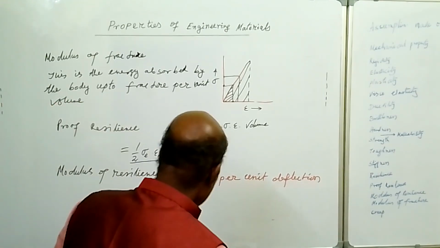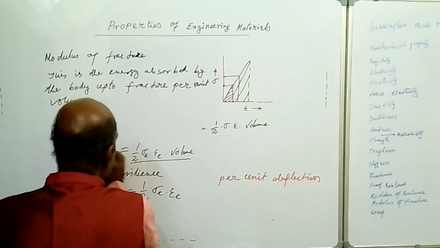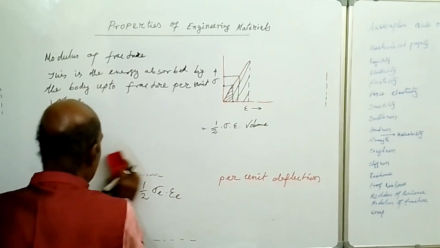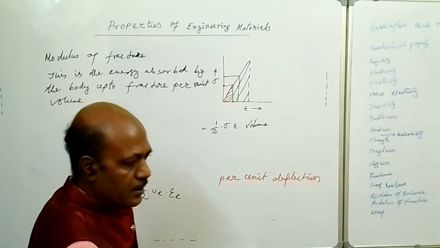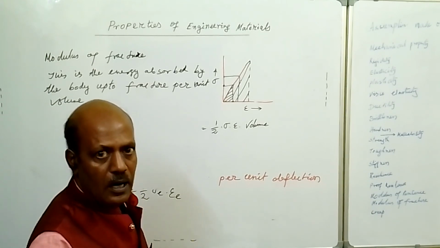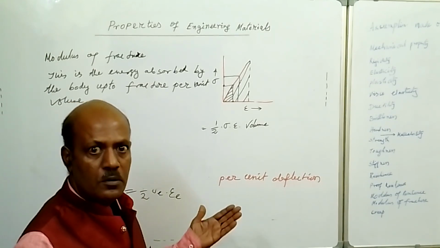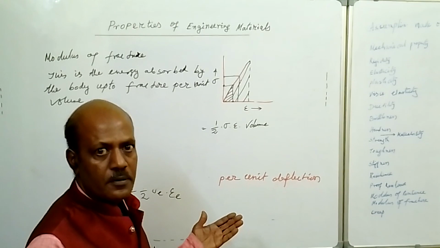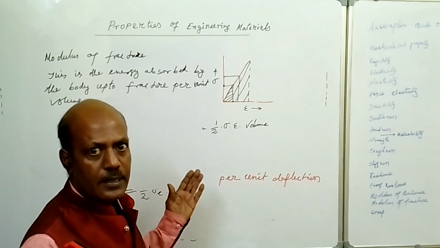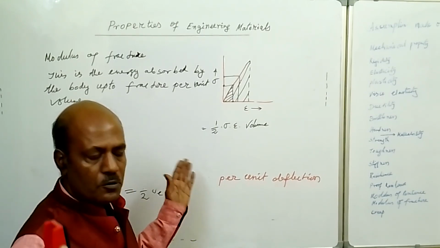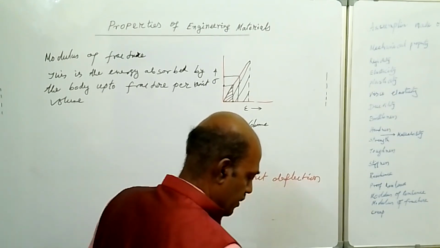It is given by the area under the stress strain curve up to the failure point.